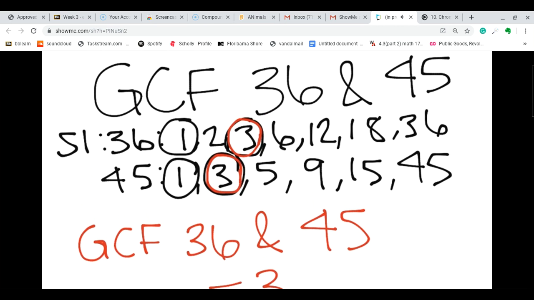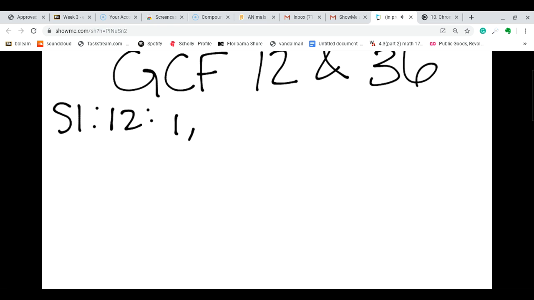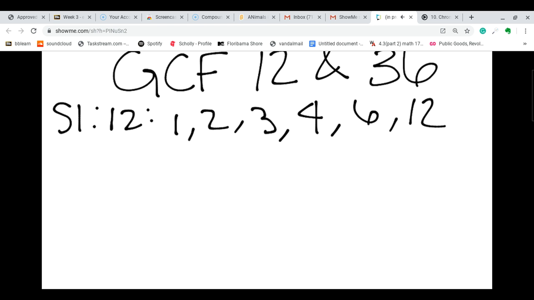Then we are going to move on and do the GCF of 12 and 36. So we have 36 again. So write step 1, factors of 12. 1, 2, 3, 4, 6, and 12.